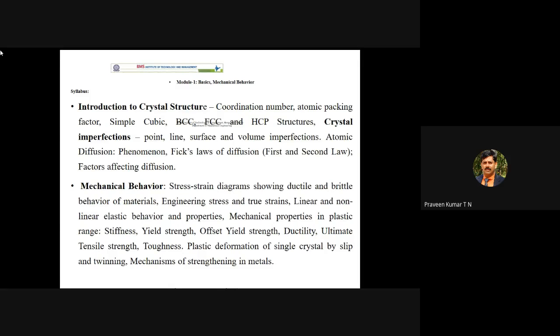So when you are talking about stiffness, or linear and non-linear, you are talking about the behavior of the material. Take the example of a spring. Once you apply 1 kg of load, the deformation is 1 mm; 2 kg, 2 mm; 3 kg, 3 mm; 4 kg, 4 mm; 10 kg, 10 mm deformation.